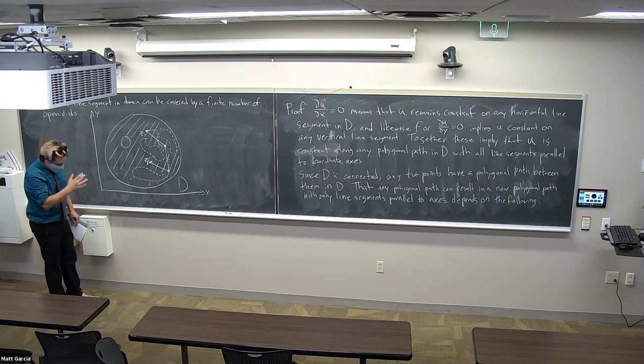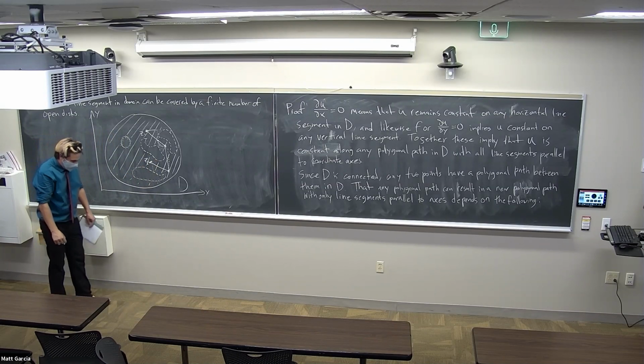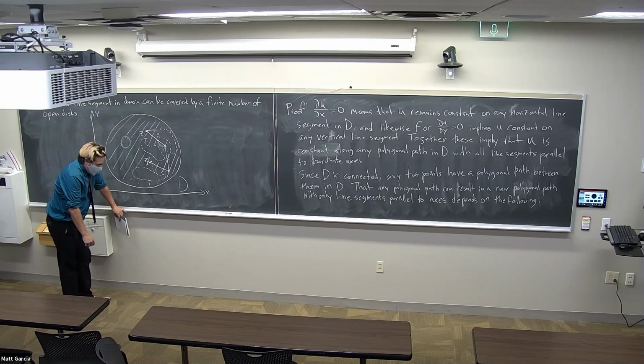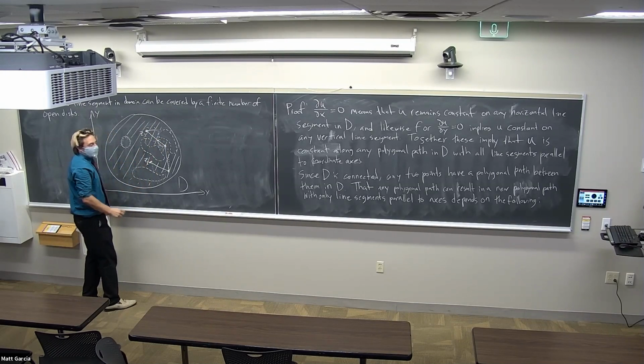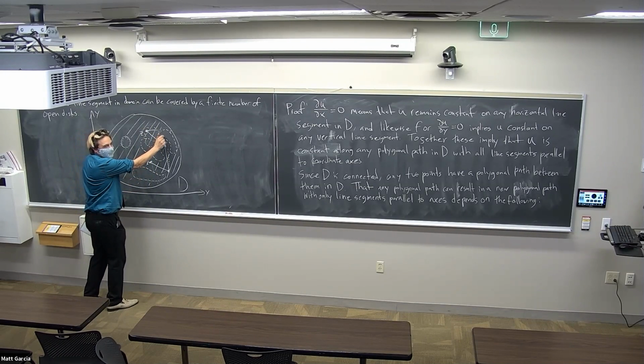The idea is that basically what I'm doing when I draw these is I'm covering, for example, this first line segment here by an open disk here and an open disk here. Here's what I'm trying to say.